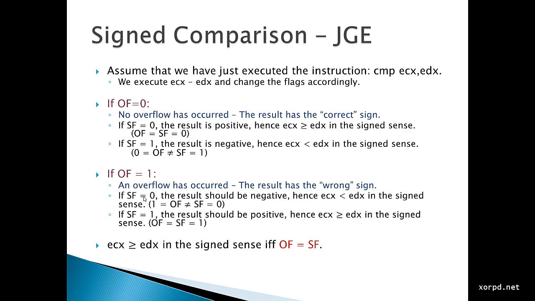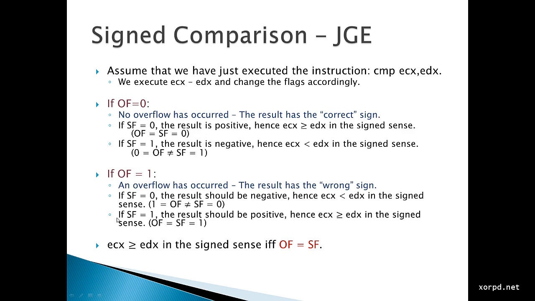Therefore, I'm going to infer that the result should be negative. Hence, we get that ECX is smaller than EDX in the sign sense. In this case, we know that the overflow flag equals 1, however the sign flag equals 0, and there is inequality between the overflow flag and the sign flag.